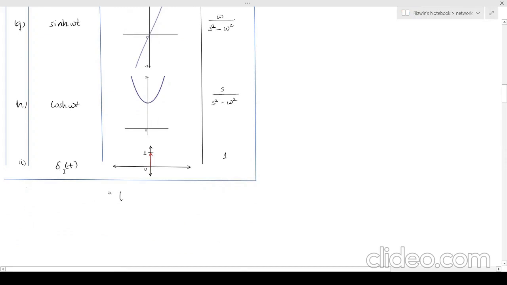Delta of t is called the unit impulse function, which is defined as, when t equal to 0, the function has a value of magnitude 1. It's just a single impulse as shown in the graph, and taking the Laplace transform of delta t is just 1. So if it is 5 delta t, the graph will have a magnitude of 5, and taking the Laplace transform of 5 delta t gives a magnitude 5.